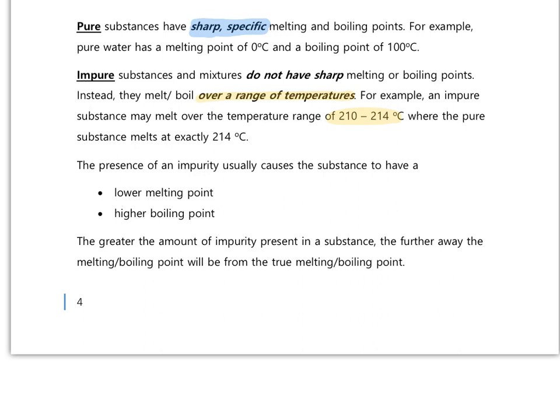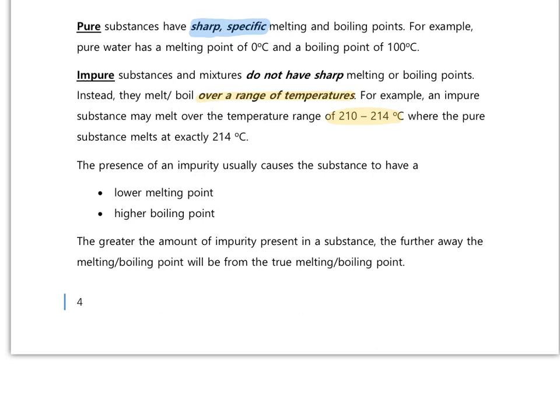So if we relate this to the graph above, instead of the temperature remaining constant while it is melting, the temperature will actually be going up a little bit during that melting process, which is how we could tell that the substance is impure.